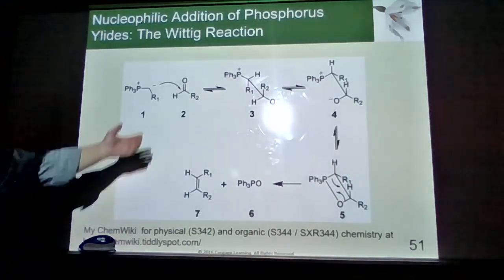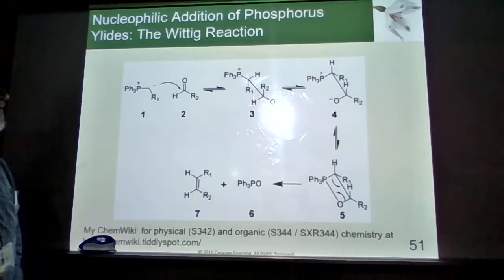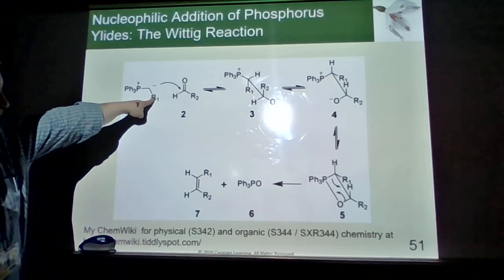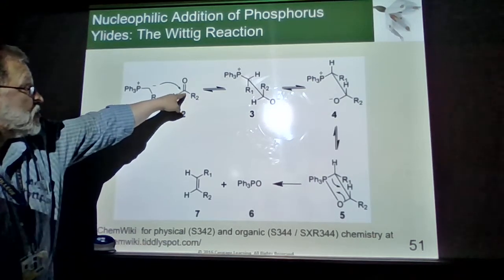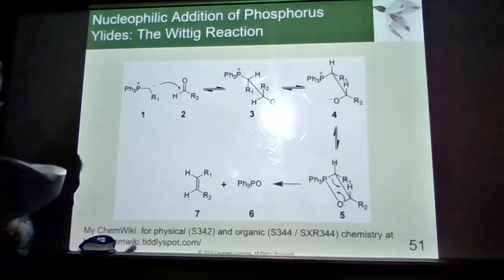So essentially, from this carbonyl, you can add another huge piece of carbon network, just depending upon what R1 is. You can add it to the C double bond O, giving you this corresponding alkene.